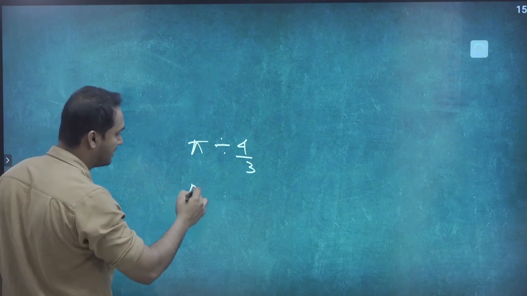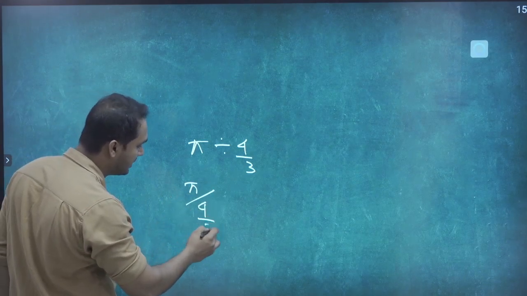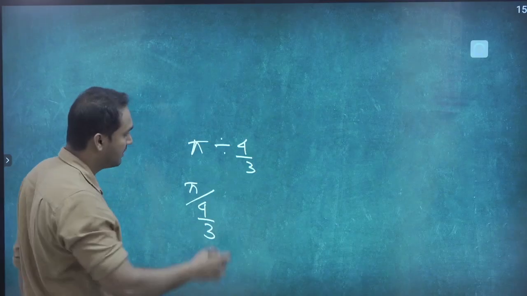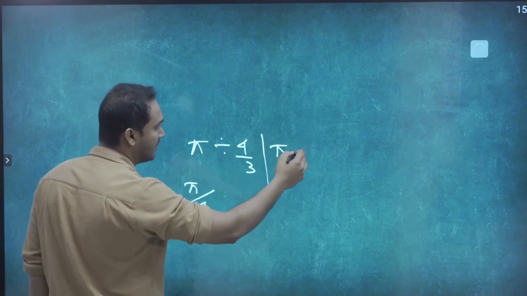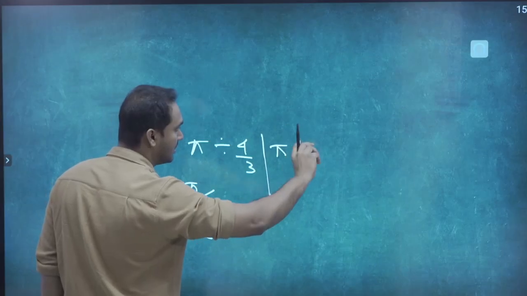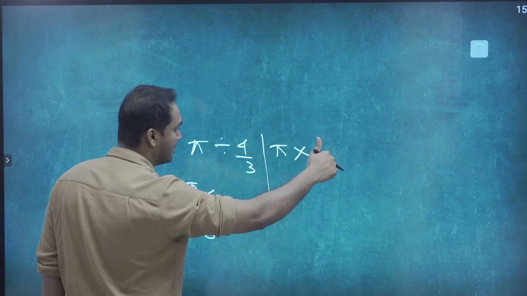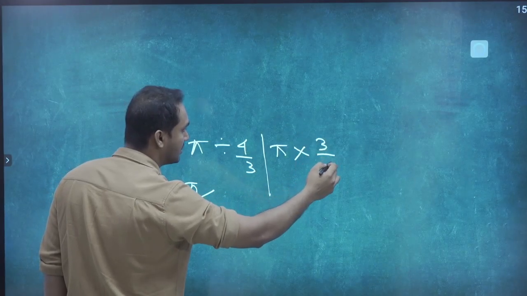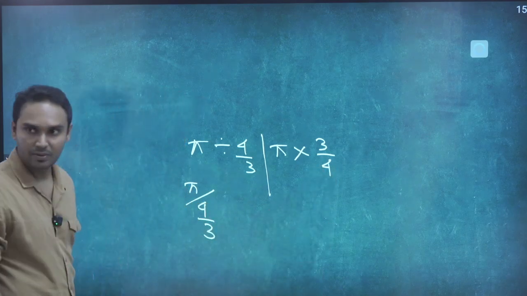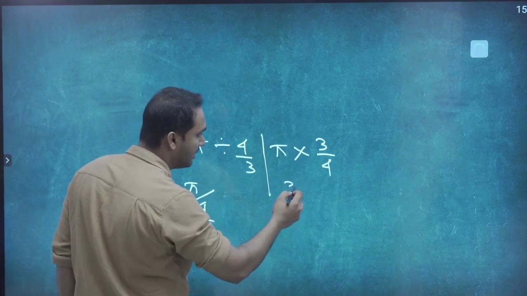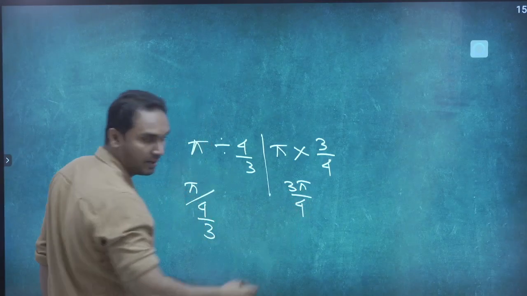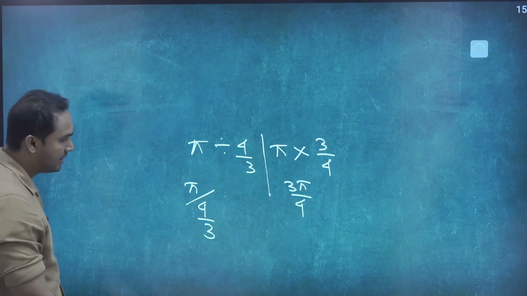So we are writing it as π divided by 4/3, isn't it? What happens here? This becomes a multiplication. Now the 4 and 3 are reciprocals, right? So 3 comes to the top, 4 goes down. Likewise, 3π over r is the value, isn't it? So here the same happens.